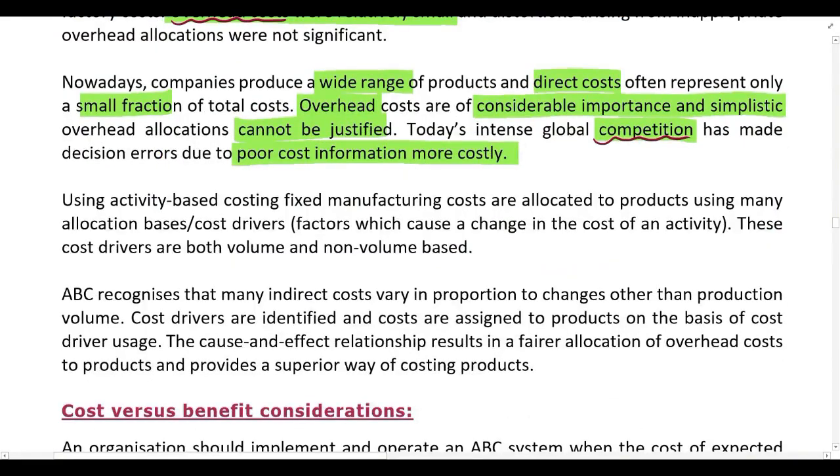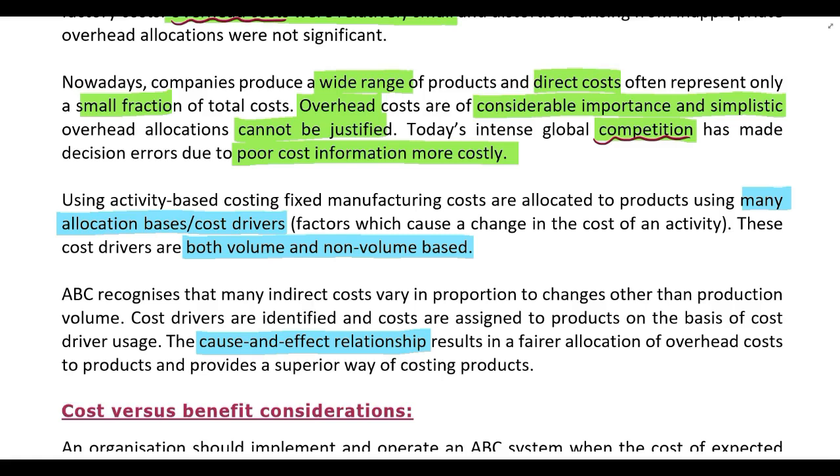What do we do with activity-based costing? We now have many different allocation bases or cost drivers. So instead of a single rate, we calculate many different rates. These are both volume and non-volume based, and also we look for a cause and effect relationship. So those were the three things.